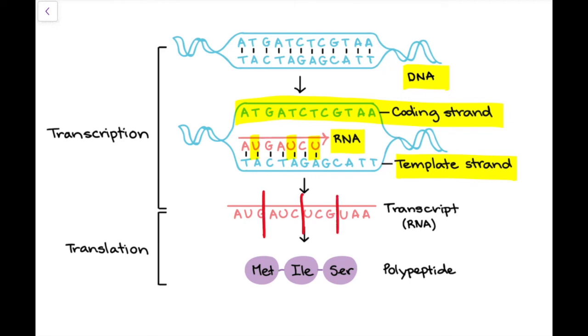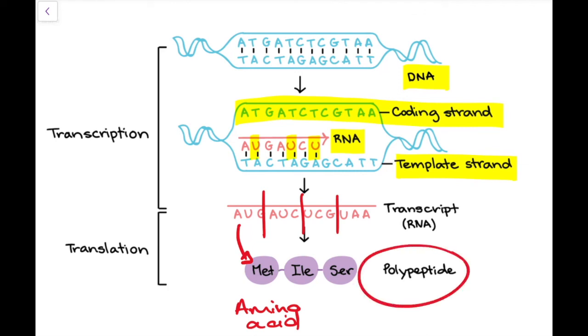It can read 3 at a time, and each 3 letters is going to tell it which amino acid to put in. And therefore, if we know which amino acid, we can build up a long chain to make a polypeptide, which can fold into a protein, and then it will have that specific function.